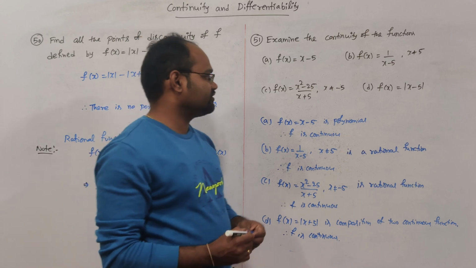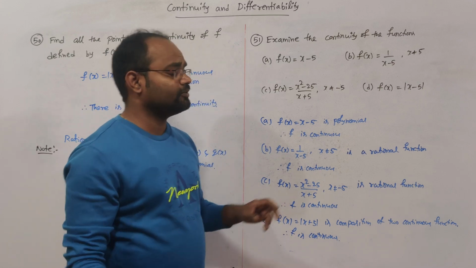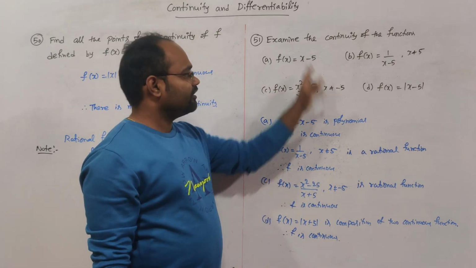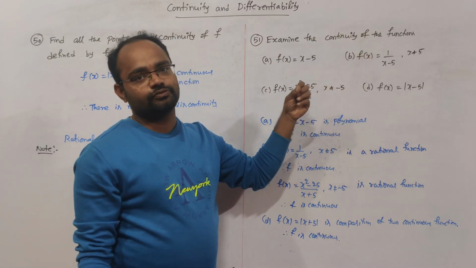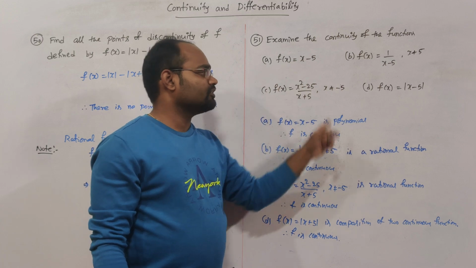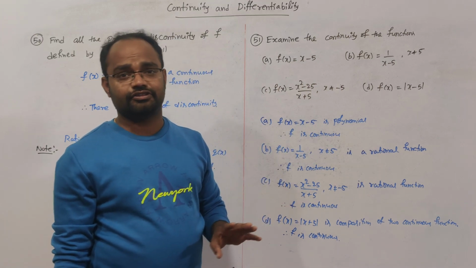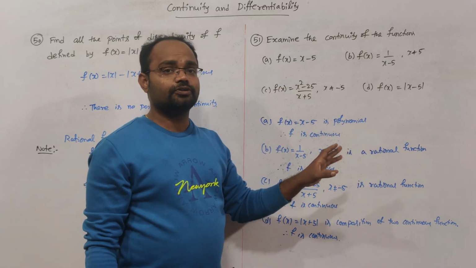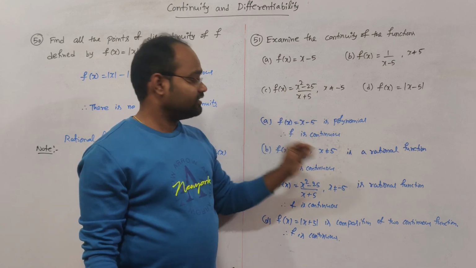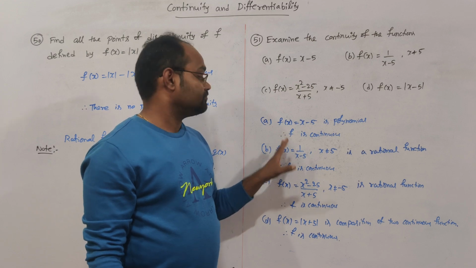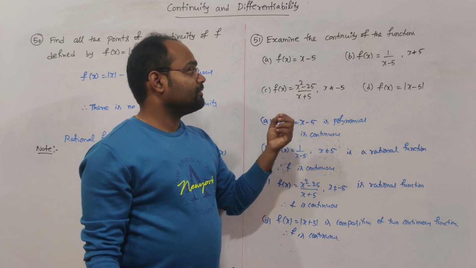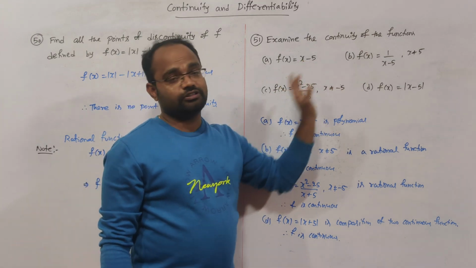By chance these types of questions can be asked in multiple choice questions. They can give any one discontinuous function and ask which of the following functions is a continuous function, with 4 options to tick, right? So this is how we can choose the answers, because you should remember these concepts.